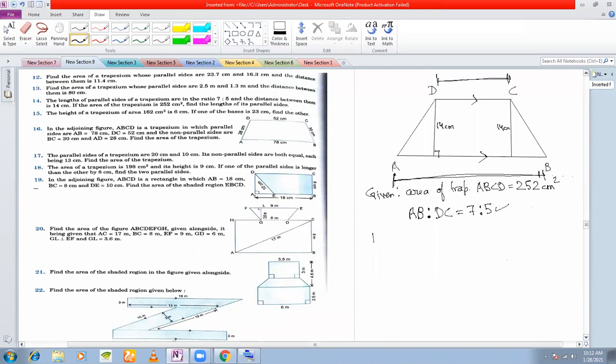Let us start by saying, let the lengths of the parallel sides AB and DC be, since the ratio is given to be 7 is to 5, we can take them to be 7x and 5x respectively.